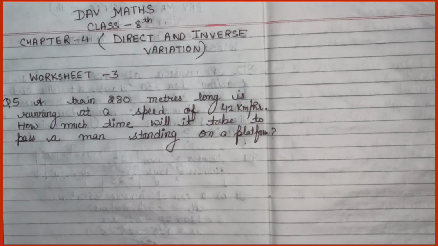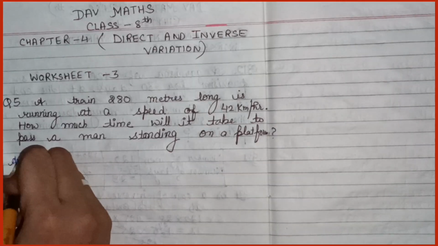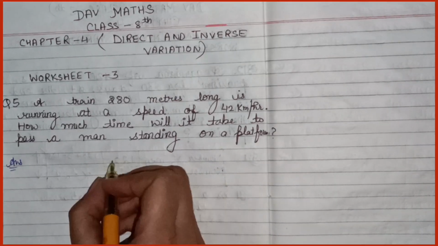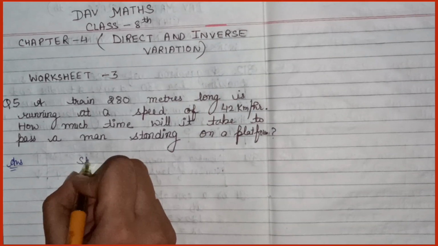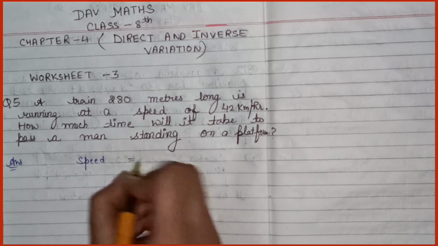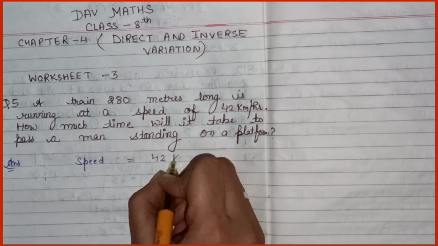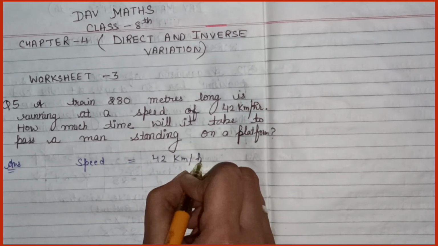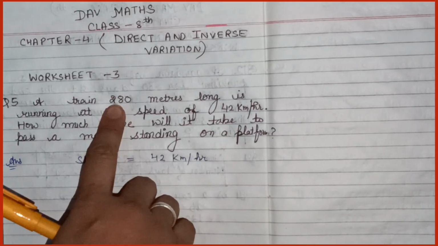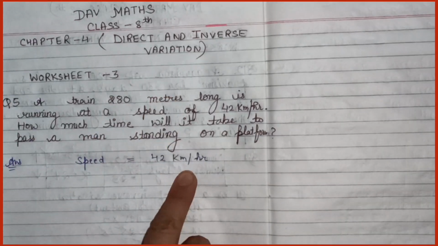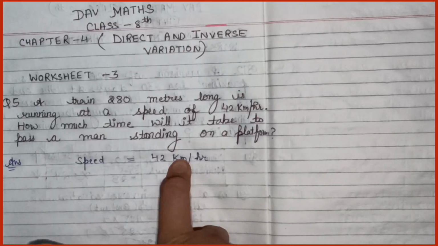Here we have to make the units the same first, so I write the answer. Speed of train is equal to 42 km per hour. Here the length of the train is in meters, so I have to convert this kilometer per hour into meter per second.